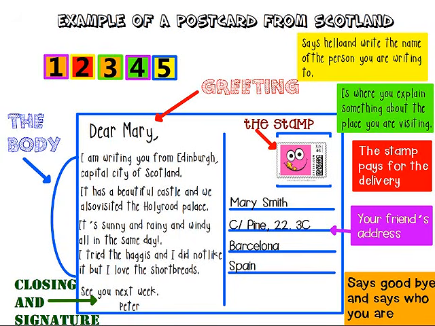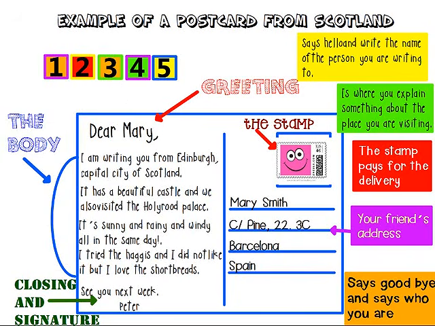Okay, good. So those are the 5 different parts of the postcard that you need to remember. Number 1 is the greeting. Dear Mary, dear Paul, yes? Hello Mary, hello Paul, how are you? Number 2, the body, the main message of the postcard.